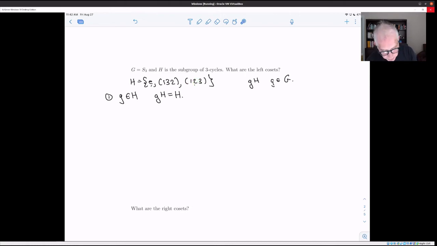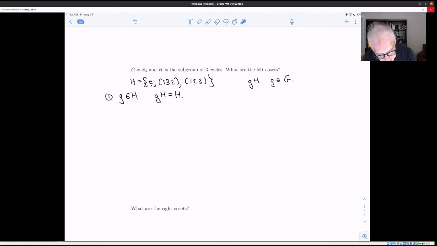If I multiply (1 2 3) times (1 2 3), I get (1 3 2). And if I multiply (1 2 3) times (1 3 2), I get E. So multiplying by (1 2 3) or by (1 3 2) just preserves the rotations, and so the coset doesn't change. It's still the original subgroup.